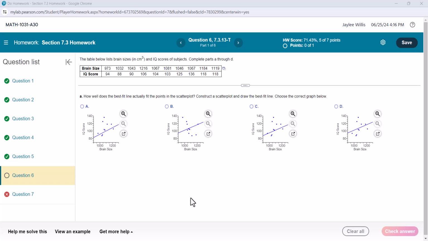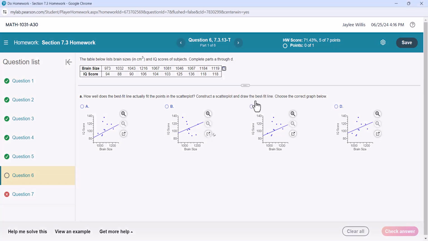In section, I believe it's 7.1, you will be making scatter plots as well as calculating the correlation coefficient. But in 7.3, you also will be doing the line of best fit and finding the square of the correlation coefficient. So this one question should show you all of the Excel skills that you'll need for chapter 7.